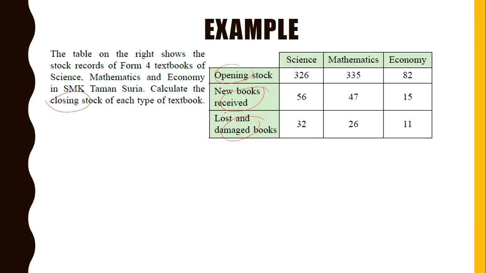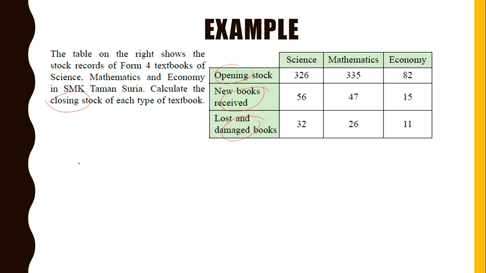New books ni adalah buku yang baru masuk. Lost and damaged book ni dalam semua buku tu, antara buku yang dah ada dan buku yang baru dapat tu, berapa yang hilang dan rosak. So closing stock ni adalah balance buku-buku yang ada, tak termasuk yang hilang dan yang rosak.